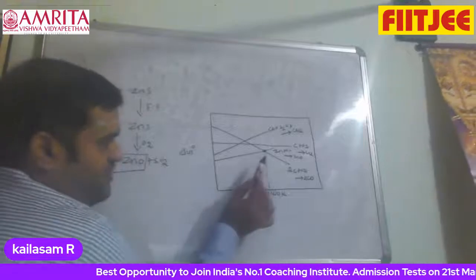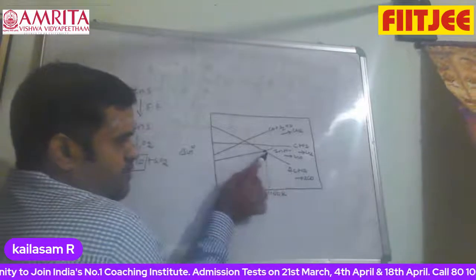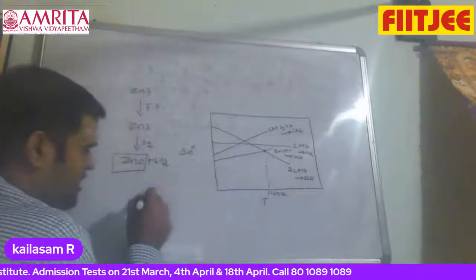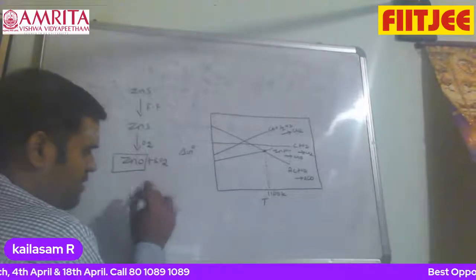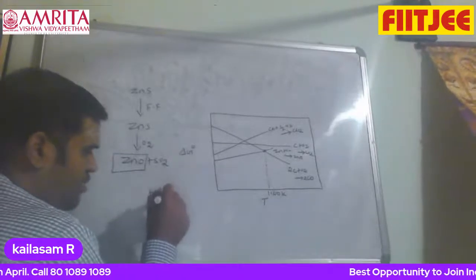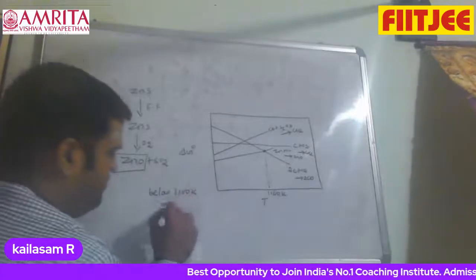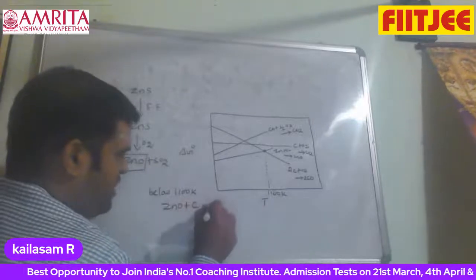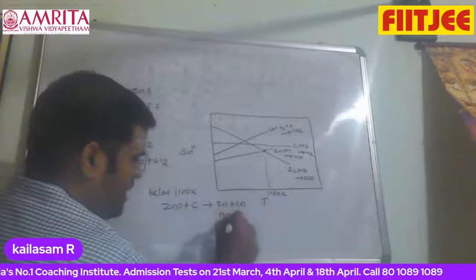But look at this, if it is above 1000 Kelvin, the carbon will be below the line of this. Therefore, obviously, what will happen? Below 1100 Kelvin, ZnO plus C, which gives Zn plus CO, is non-spontaneous.